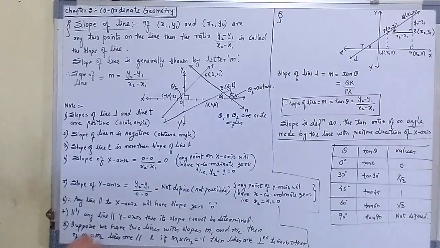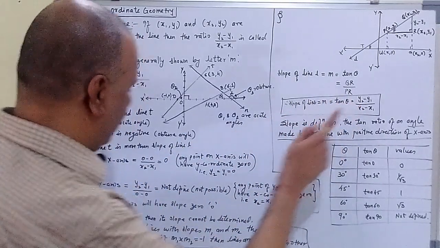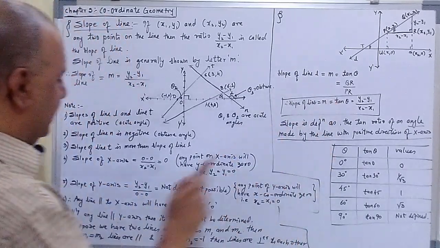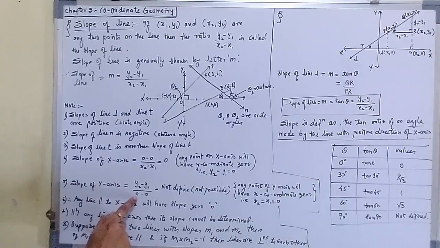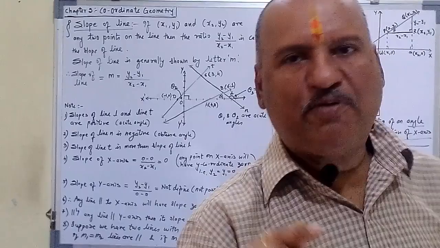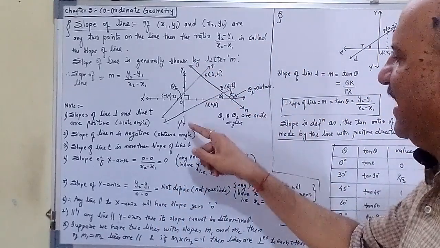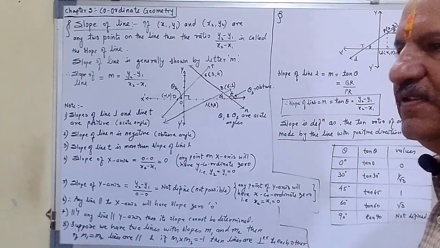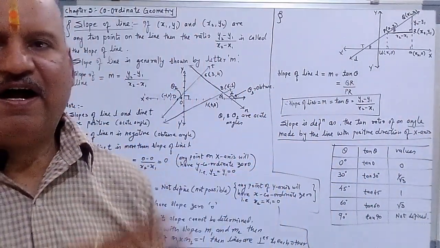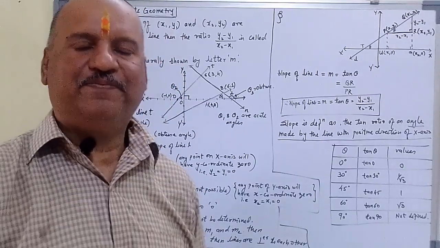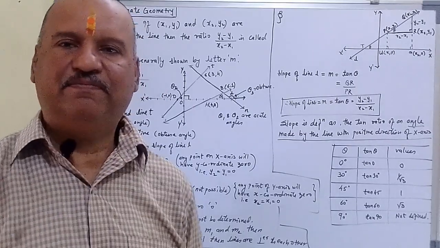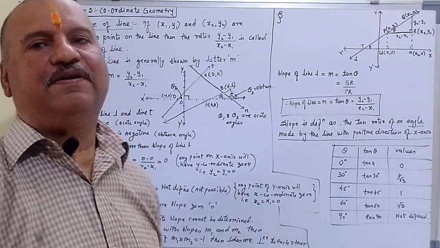How? Look, slope of y-axis is the same as tan 90. Tan 90 is (y2 minus y1) upon (x2 minus x1). But any point on y-axis will have its x-coordinate 0. So here it will be 0. Now any value divided by 0 cannot be determined, because in maths anything upon 0 is not defined.